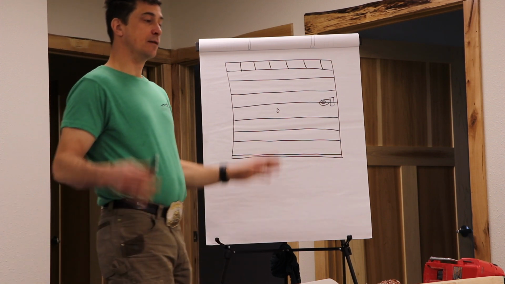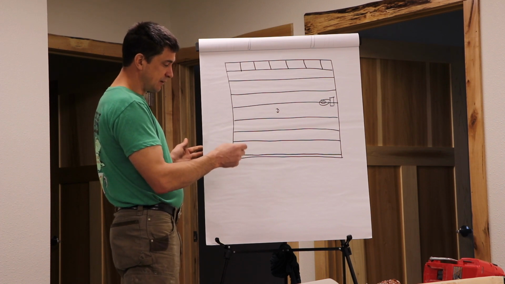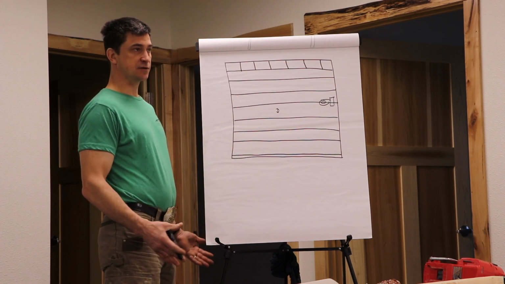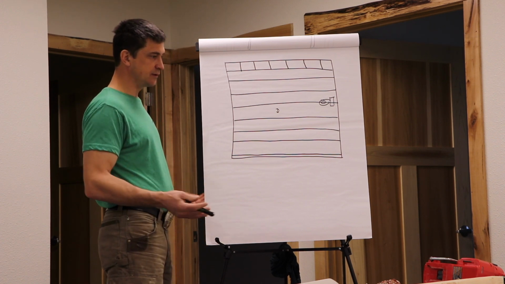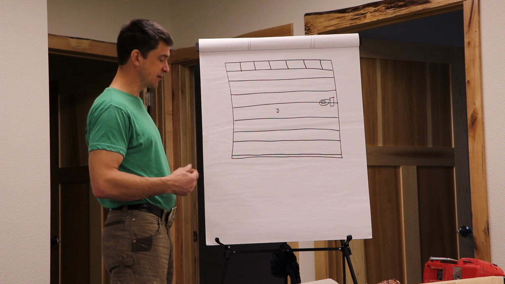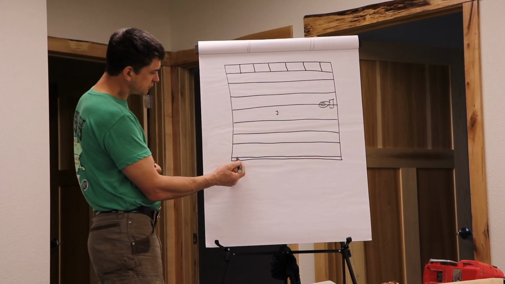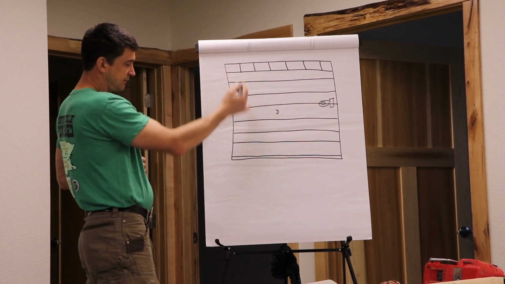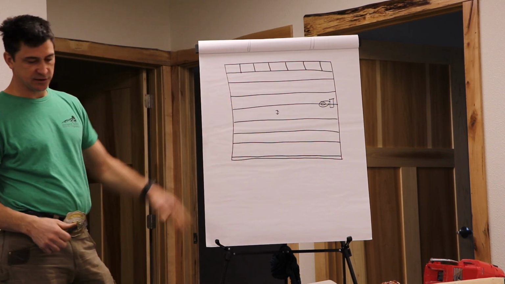Okay? The other thing, this is probably the most common floor framing massive screw up that I see over and over again, and it's completely avoidable, completely unnecessary, and completely stupid to do this. So most floors typically get built on a 16-inch on center layout.